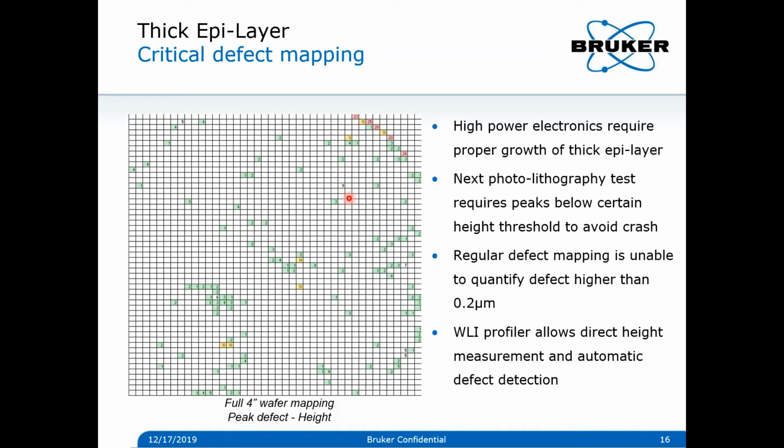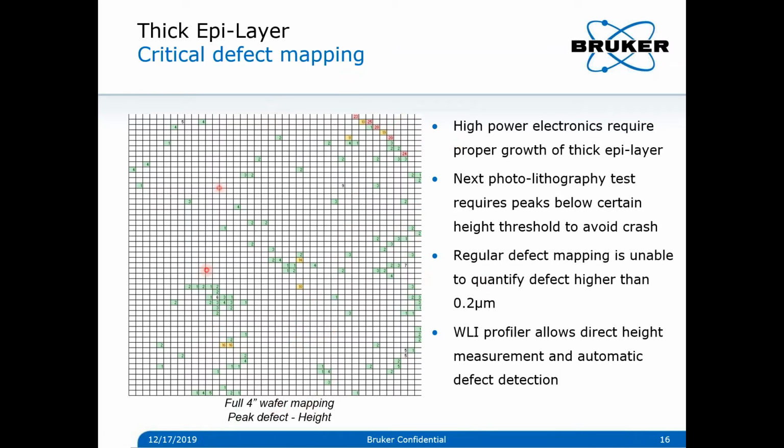So there is a lack of information, and this is where white light interferometry with a 2.5x objective or 5x objective can quickly map out a 4-inch wafer and define the height of each defect. What you see here is the label of height whenever there's a defect. Here you see 23 microns height, and in green you see 1 micron.